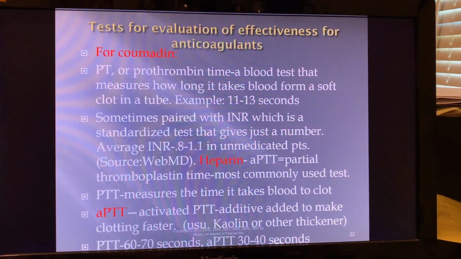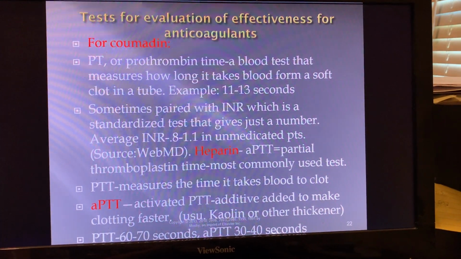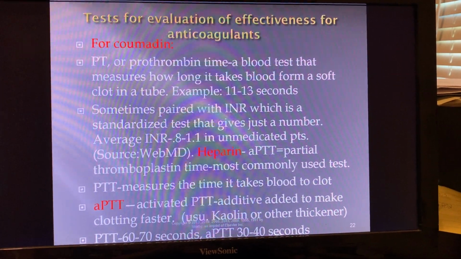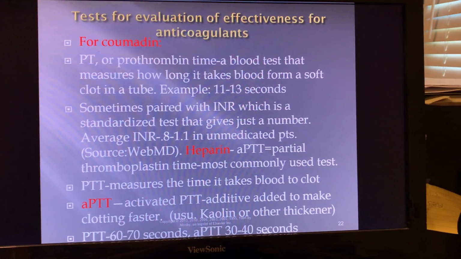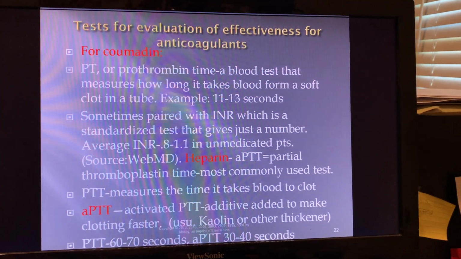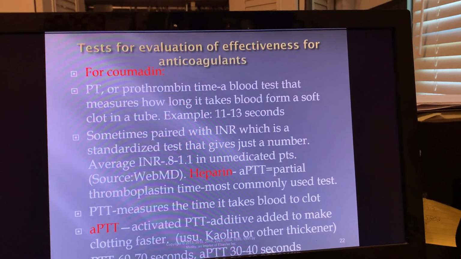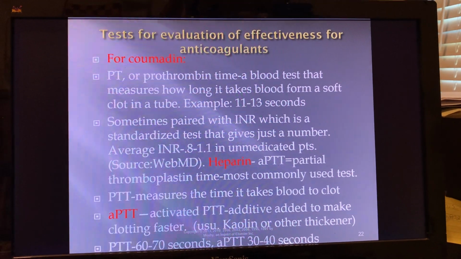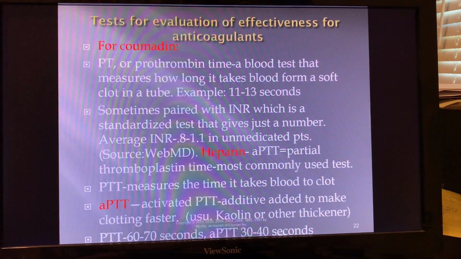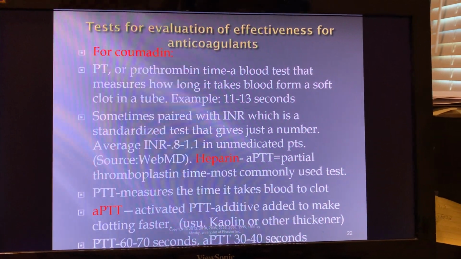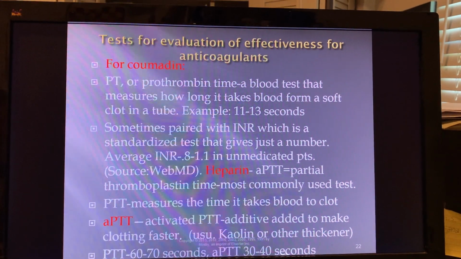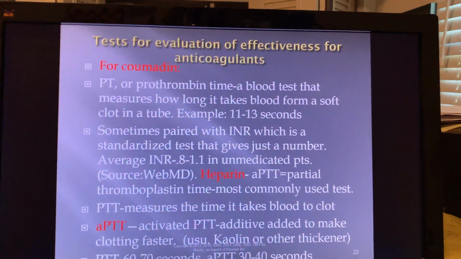The INR stands for International Normalized Ratio, and the problem that was found with the PT is that depending on which lab you were in, they would use different numbers to try to measure the effectiveness of Coumadin. So a lab in New York City is going to measure something differently than a lab in Detroit, which is going to measure something differently than a lab in San Francisco.